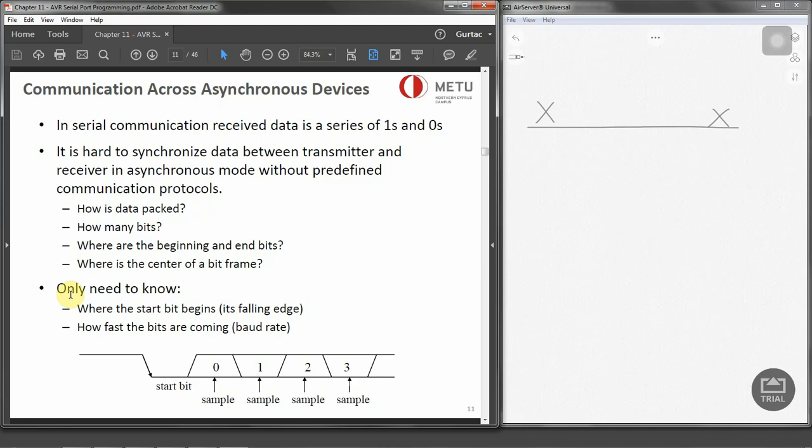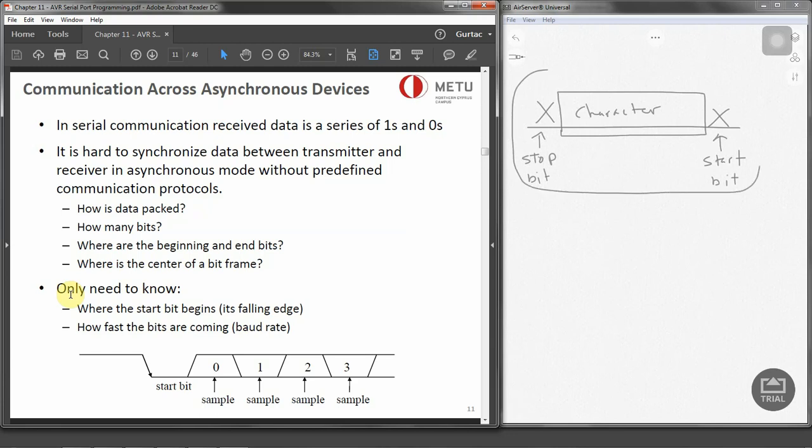Let's say this is the start bit because we are transferring LSB to MSB, and the stop bit. So what is happening over here? We place the character between these two bits. Okay? And this is actually called framing.